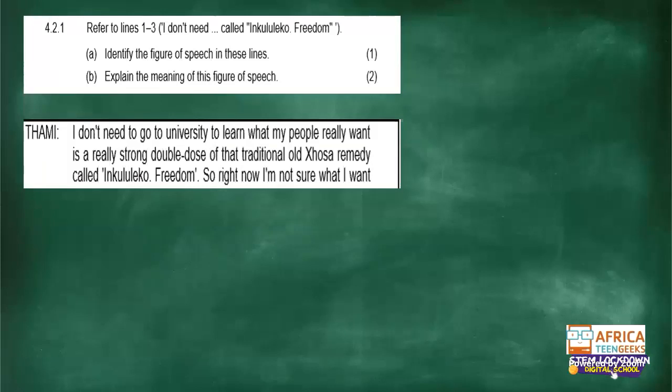Let me give you a clue, guys. Something is being compared here. The classification of the figure of speech that is here is under comparison. Something is being compared. All right, let's see.